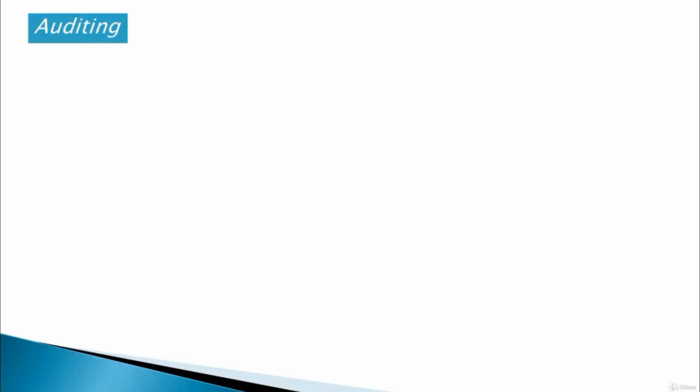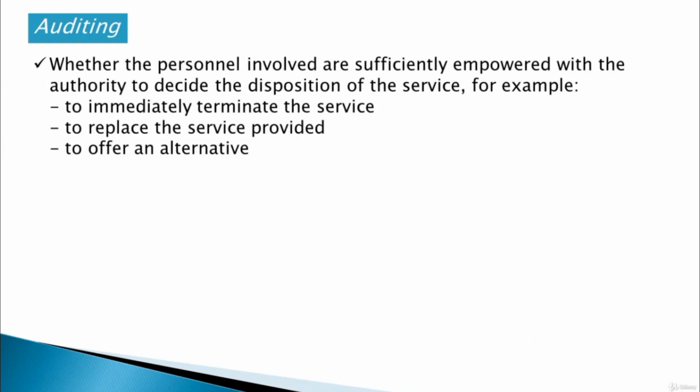Now, as for auditing this requirement, the auditor needs to see whether the personnel have the authority to decide the disposition of the service, like immediately terminating the service or replacing the service provided or offering an alternative.